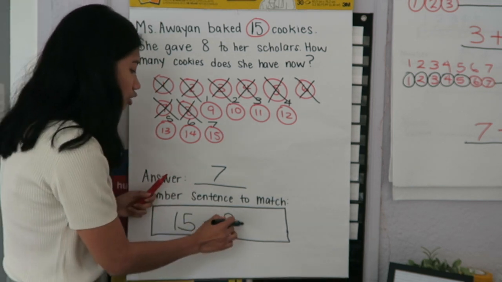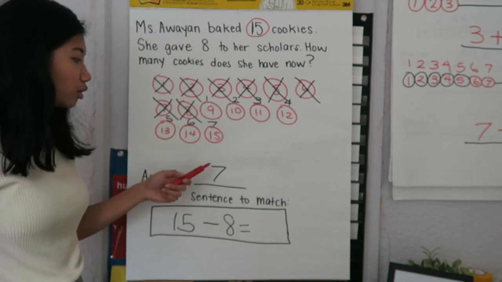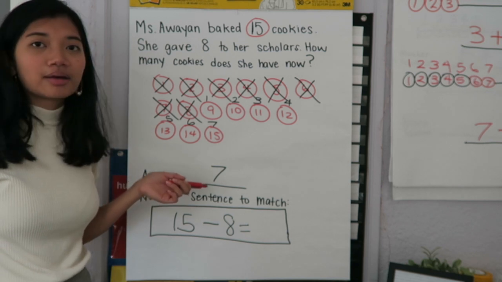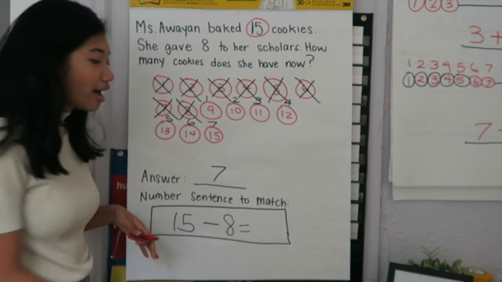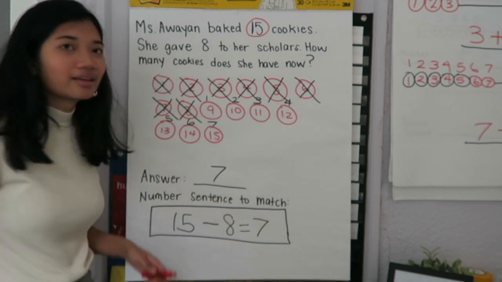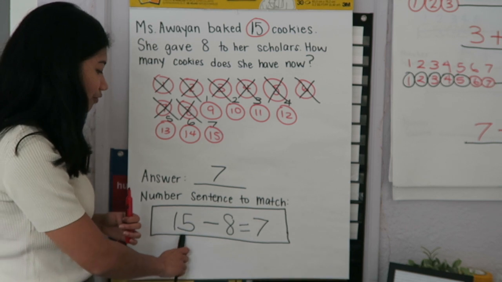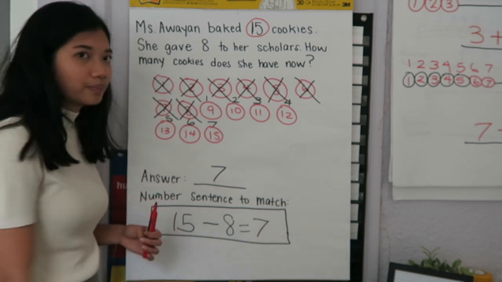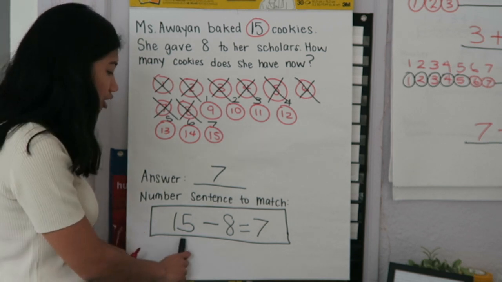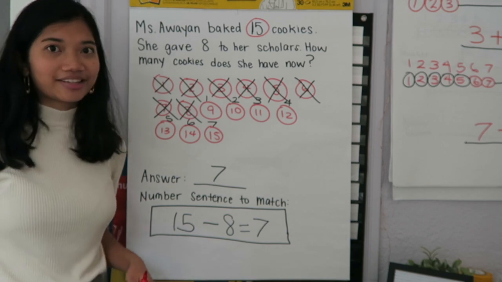But remember, we still need to write an equal sign because that's what my total is going to be at the end. How many do I have left? I only have 7 cookies left. Everyone, let's read this number sentence together. 15 minus 8 equals 7. So 15 cookies minus 8 cookies equals 7 cookies.